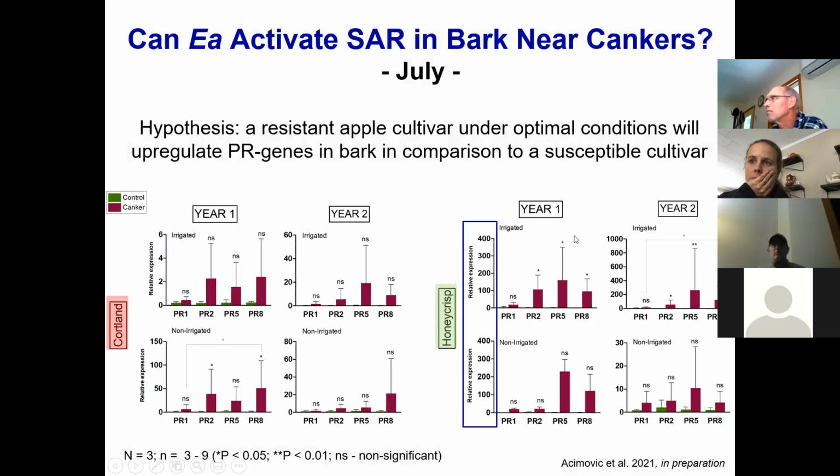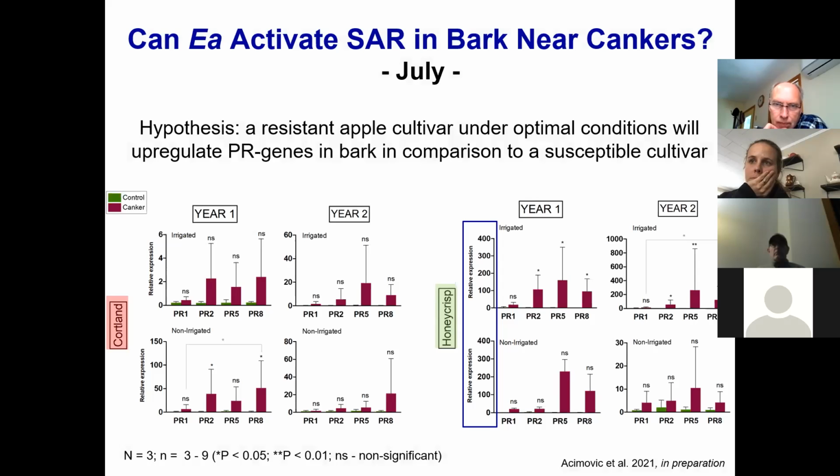Whereas on the Honeycrisp, in the irrigated block, in both years, you can see these asterisks on top of the red bars, which indicate significant upregulation of these genes. That indicates to us that this variety has a more robust immune response, which is the systemic acquired resistance to the presence of this pathogen.